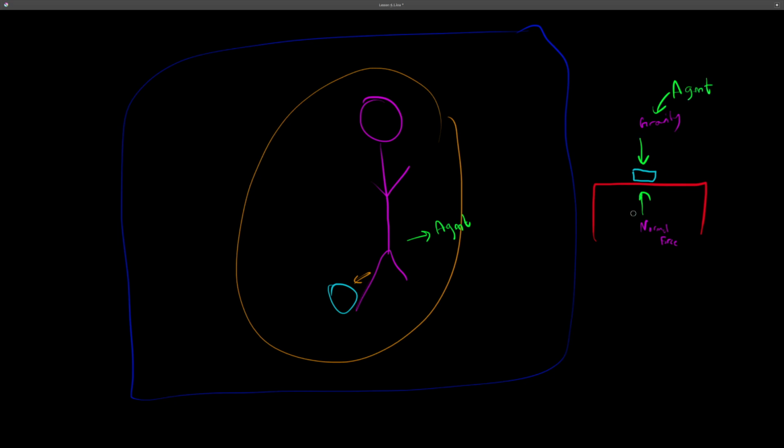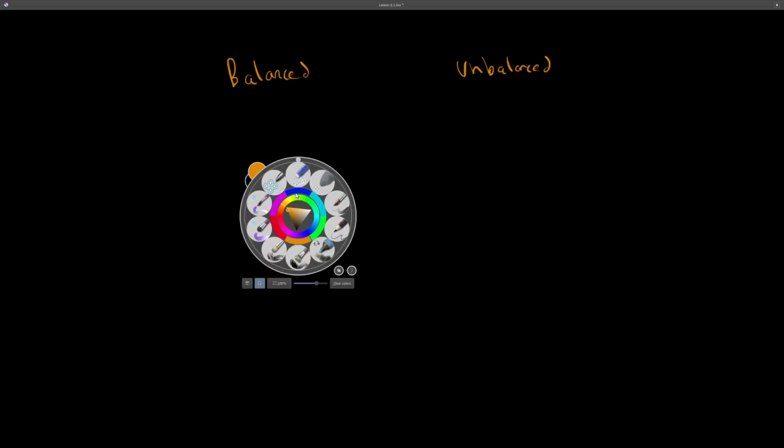So what we should know about forces is that there are two types of forces when you apply them to an object. It can be balanced forces or unbalanced forces. So say we have two different sides.